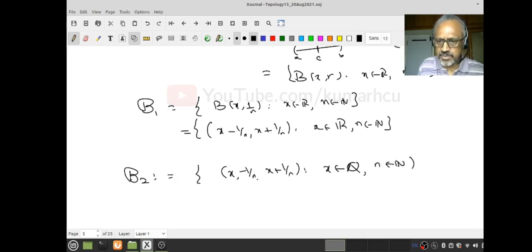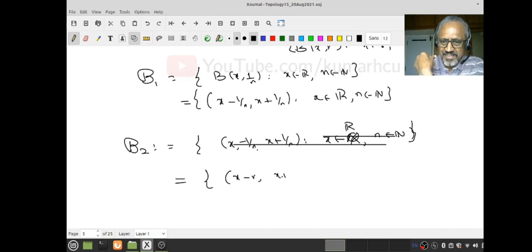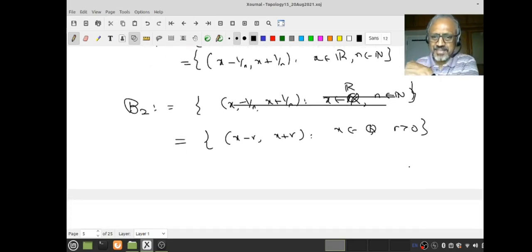Maybe I should start with x in R first, then I will come to... oh, this is what I just now did. No, what I meant is this: (x minus r, x plus r), as x is in Q, but r is positive. Okay, this is what I wanted. I wrote something wrongly. Do you understand that? So the centers of the balls are only rational numbers, not any real number.